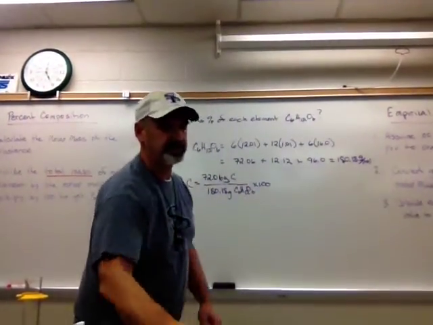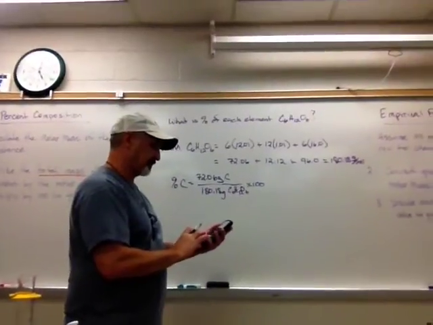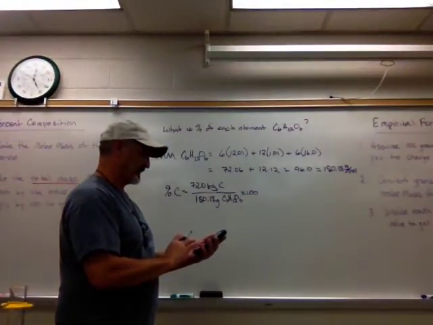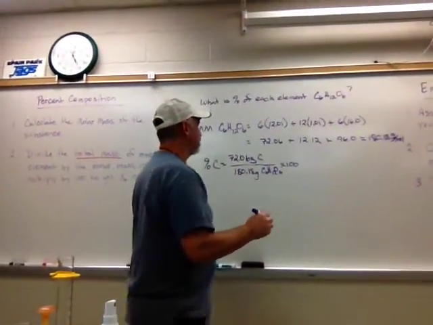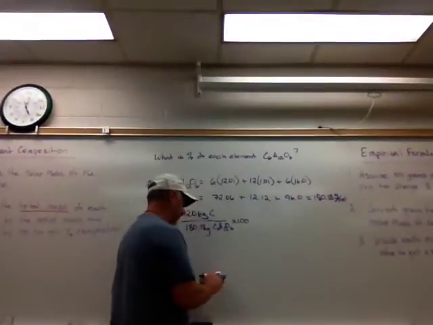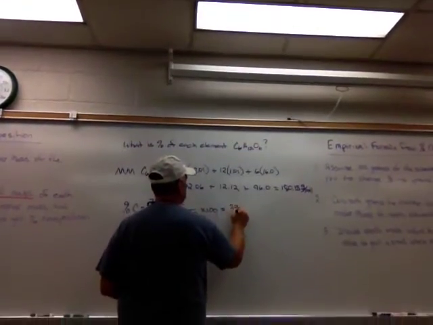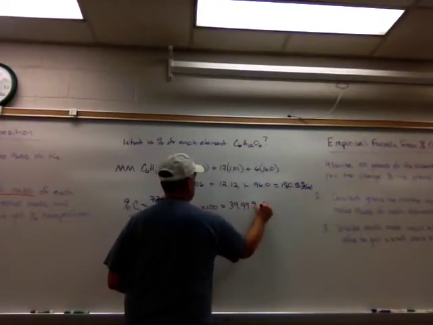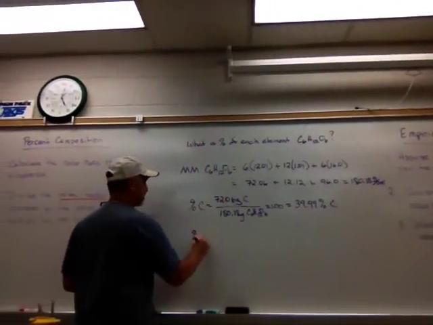Okay, so we got to work that out. So it's 72.06 divided by 180.18. That comes out to 39.99 or 40.0%. Well, we have 4 sig figs, so we can even say 39.99% carbon.